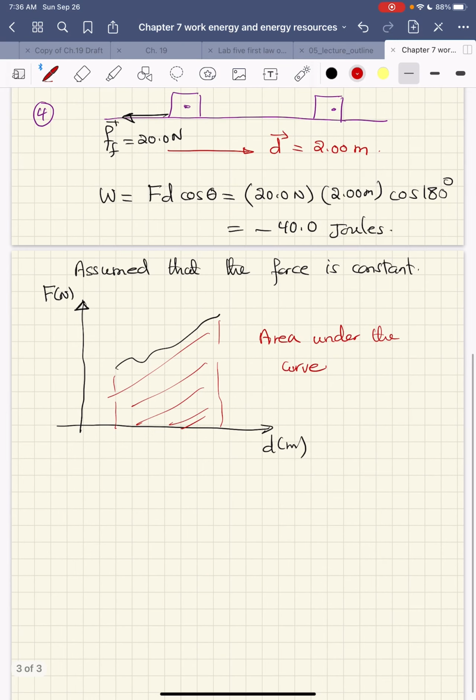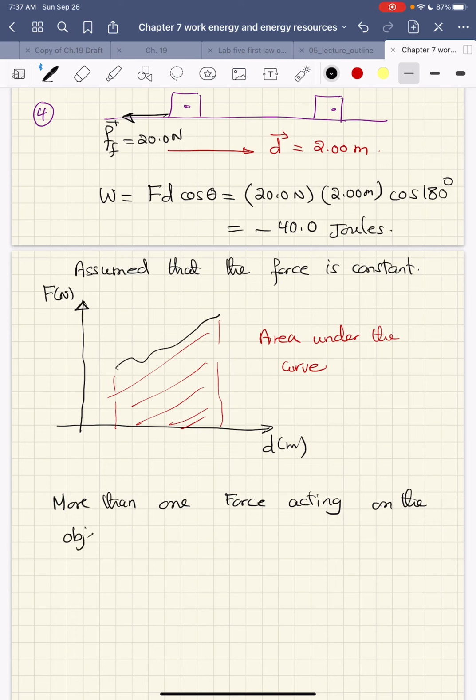And this is when the force is not constant. Also, there are occasions when you have more than one force acting on the object.